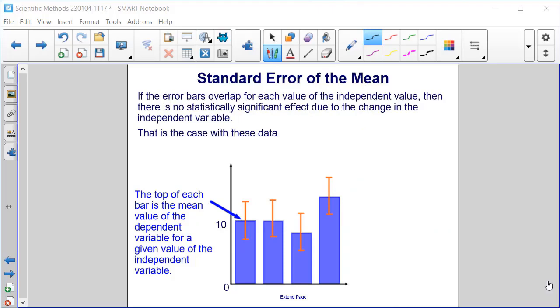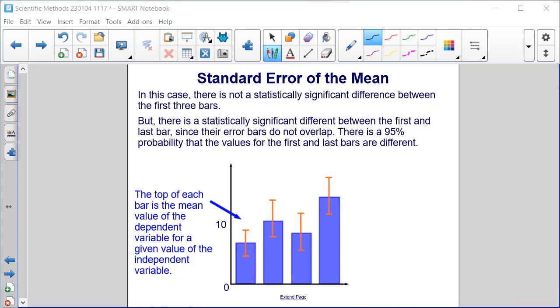If the error bars overlap for each value of the independent variable, then there's no statistically significant effect due to the change in the independent variable. You can see due to the overlap between these standard error bars that this is the case with these data.